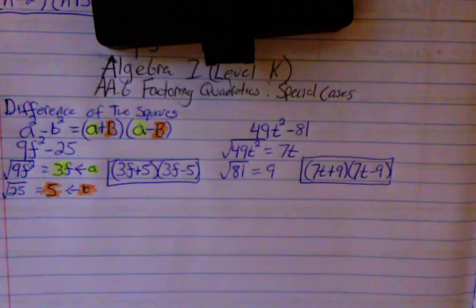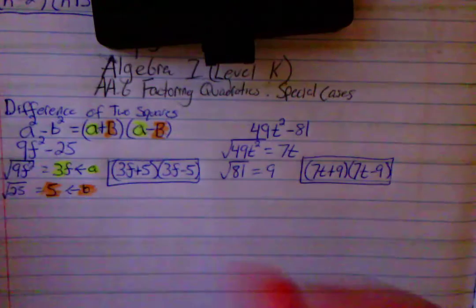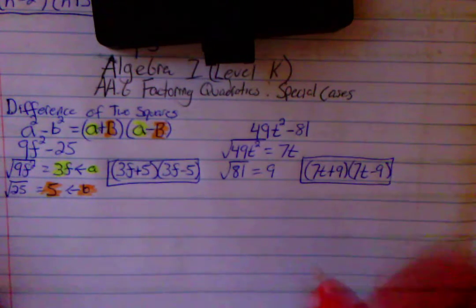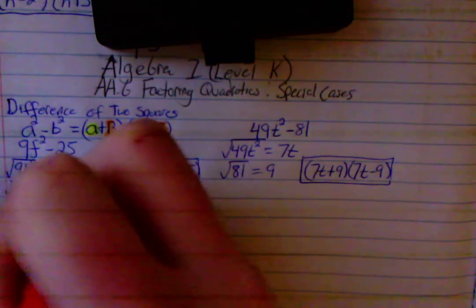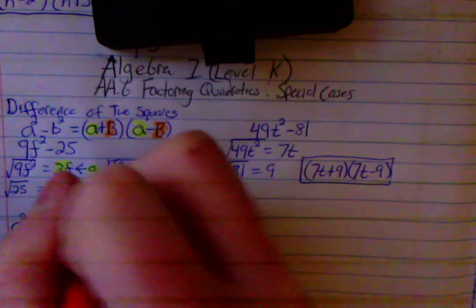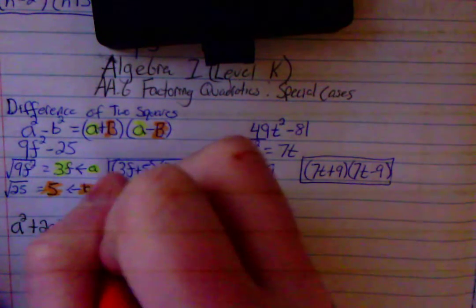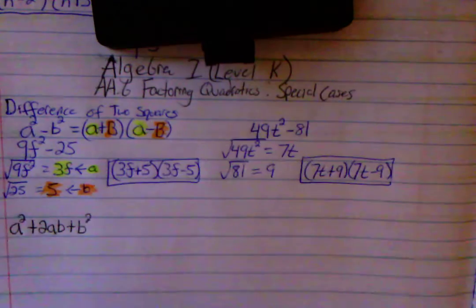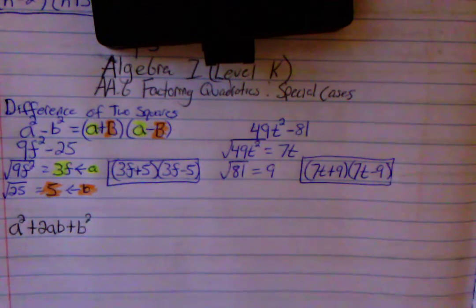The next two types of questions you're going to see are perfect square trinomials. A trinomial has 3 terms, and what we would have is something like a squared plus 2ab plus b squared. Now, if I'm looking here, I see a plus sign and a plus sign.